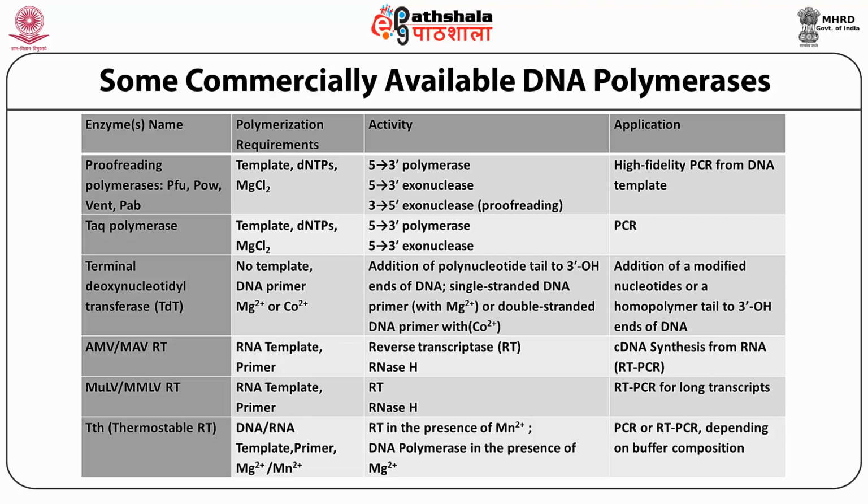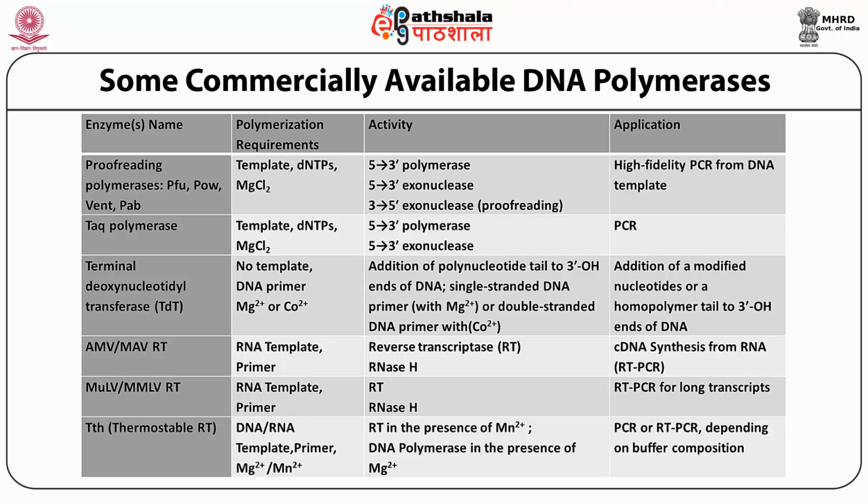Another enzyme example is Taq DNA polymerase. It requires a DNA template, dNTPs, and magnesium chloride to work. It has 5' to 3' polymerase activity and 5' to 3' exonuclease activity. It is also generally used for PCR, but remember, it does not have 3' to 5' exonuclease or proofreading activity.